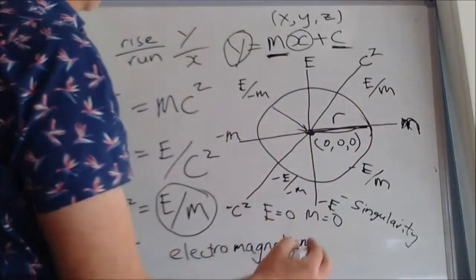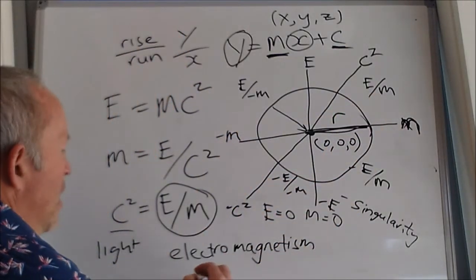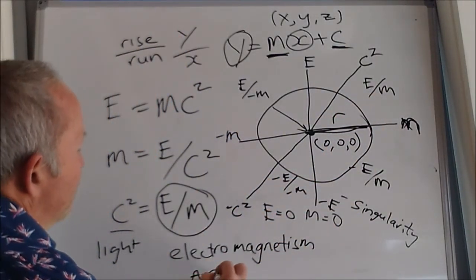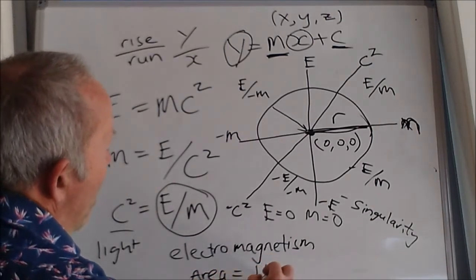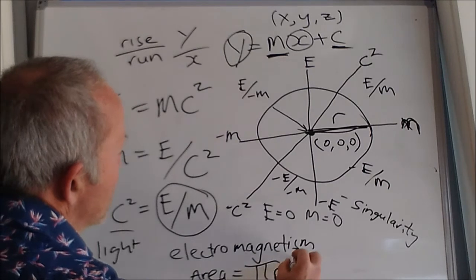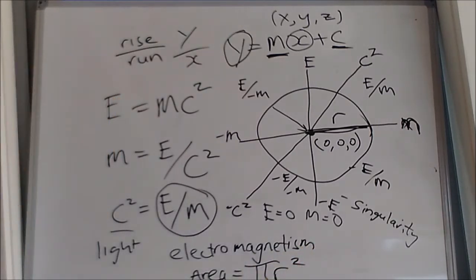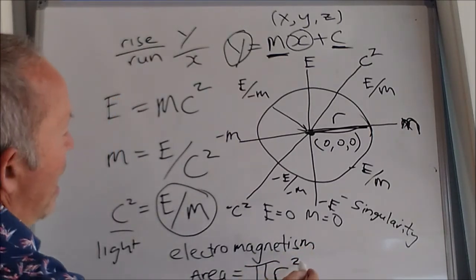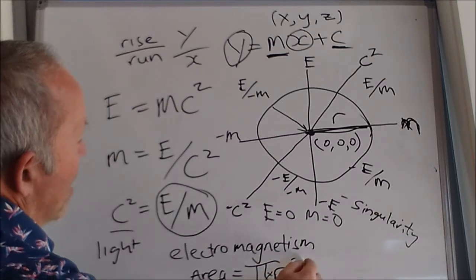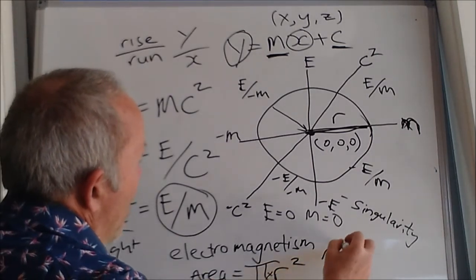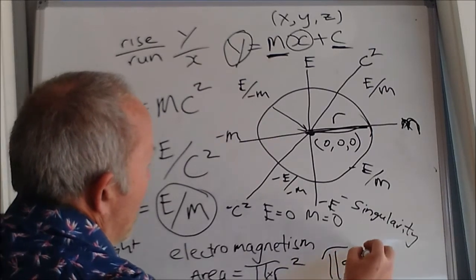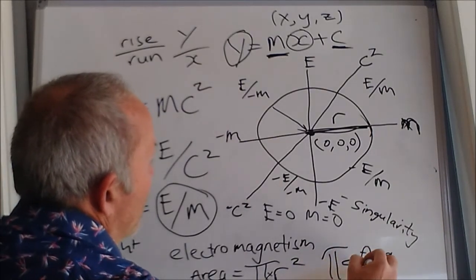Now we know the area equals pi r squared. And if you take r squared and place it under that, the pi equals area divided by r squared.